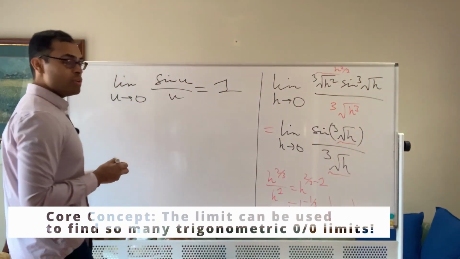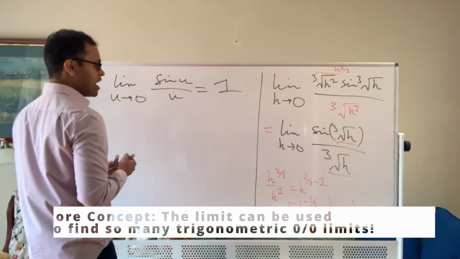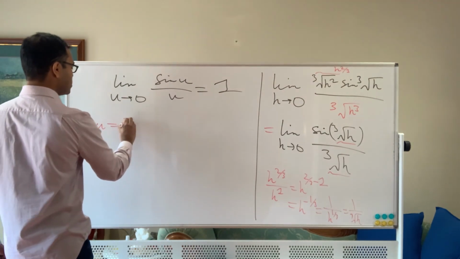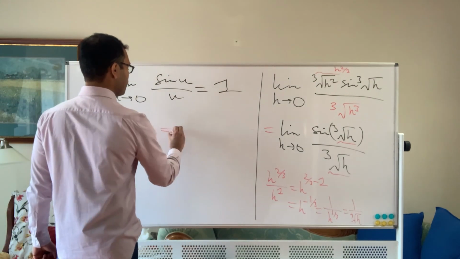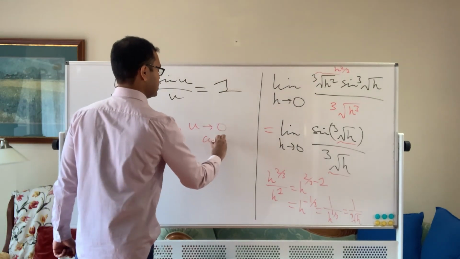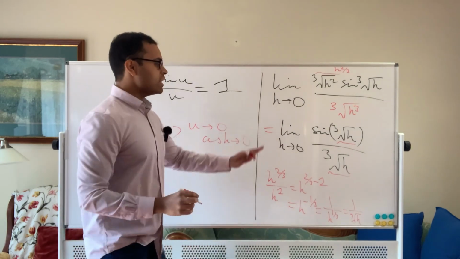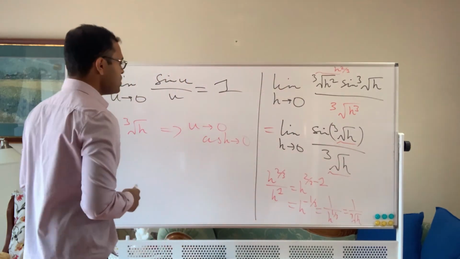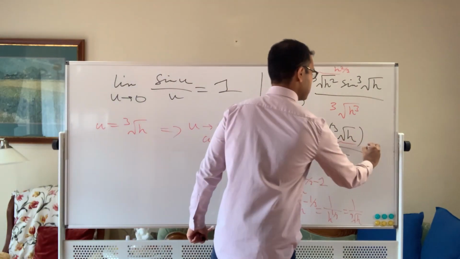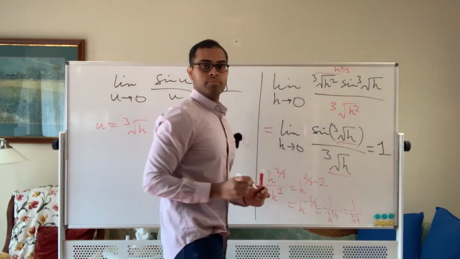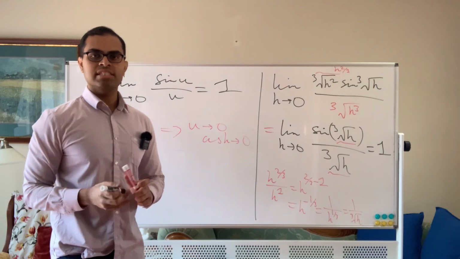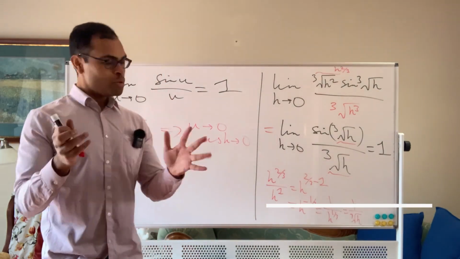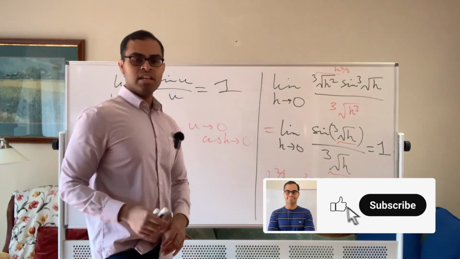And here if we set u as cube root of h, then the thing we have to verify is that u goes to 0 as h goes to 0. So we really have it of the form sine of something over something where the something is going to 0. And then we can therefore say that this limit is also equal to 1, and that is the argument. That means the function is differentiable at 0 and its derivative is 1, which is super cool. It's a limit definition of the derivative that proves that.